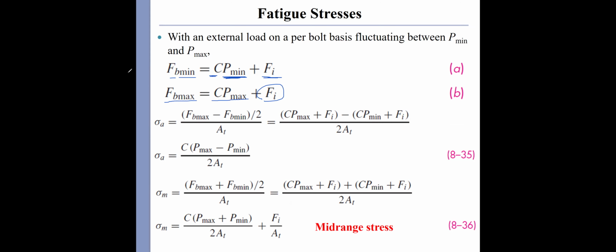So we can figure out the stresses. First is the alternating stress, sigma A. We just divide these forces by A_T, which is the tensile stress area.